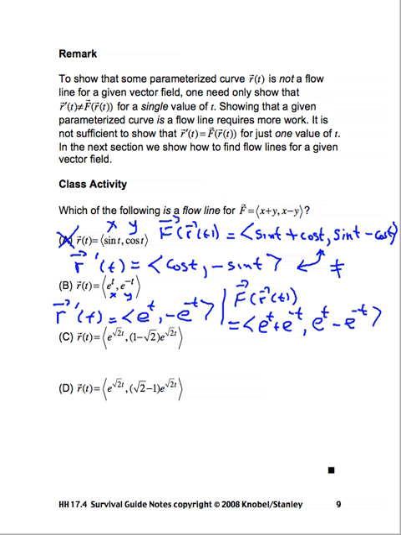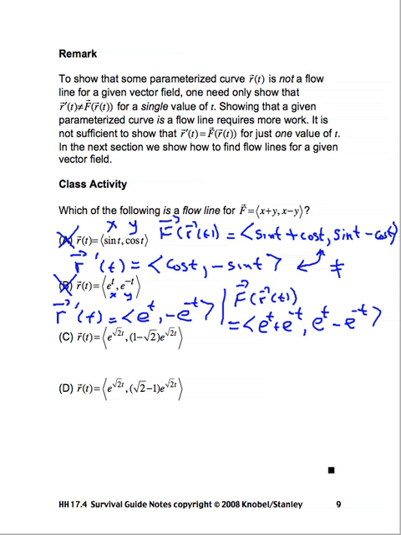For example, if you let t equal 0, the first component of r prime of 0 would be 1, while in f of r of 0, the first component would be 2. So this will not satisfy the condition of being a flow line for f. R prime of t does not equal f of r of t for all values of t.